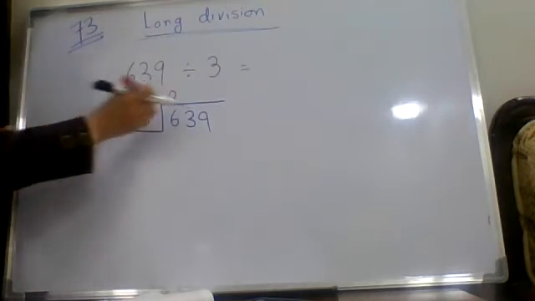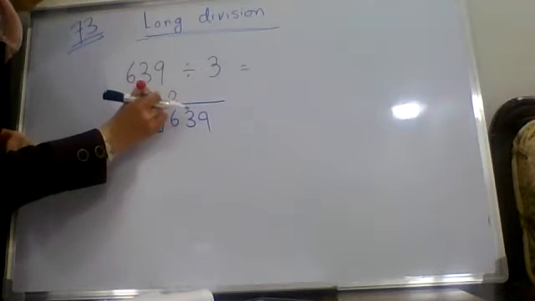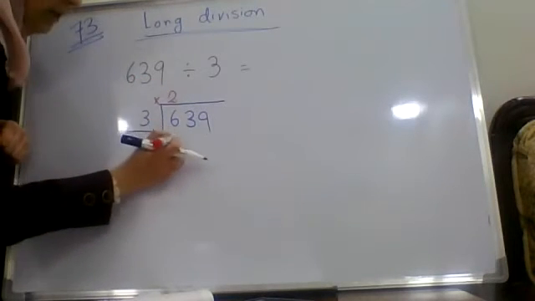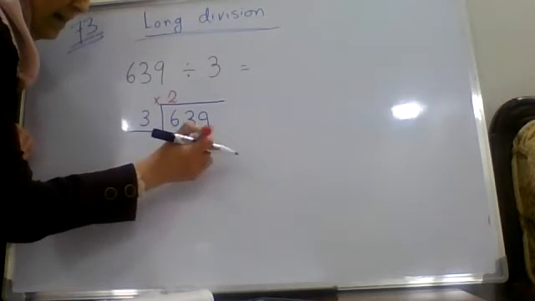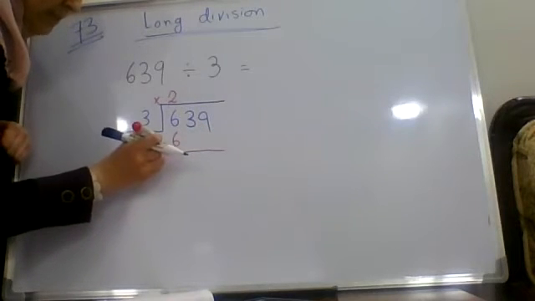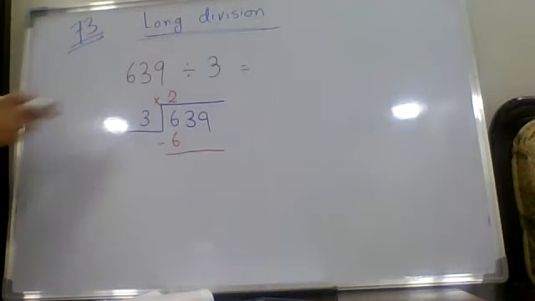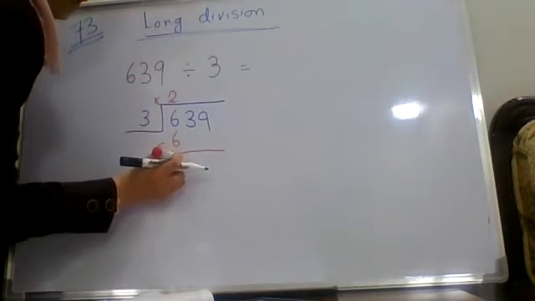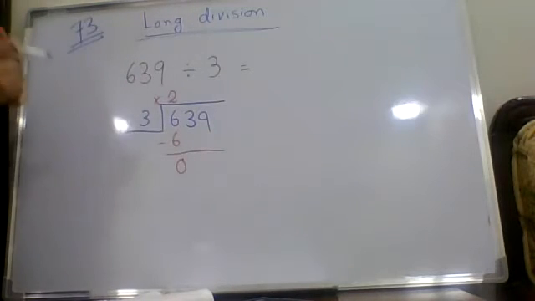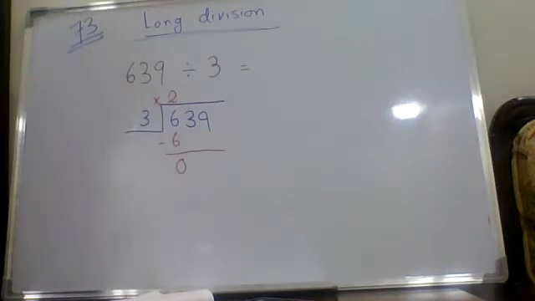So the next step is to go down and multiply: 2 times 3 equals 6, and subtract these numbers. 6 take away 6 equals 0, okay? Perfect. We're done with the first step.